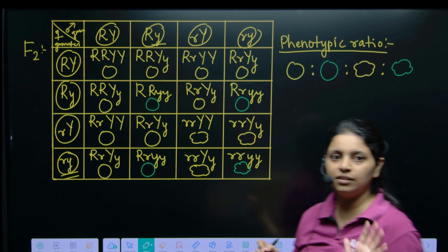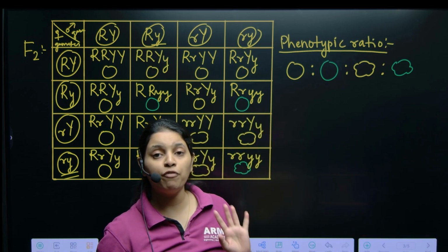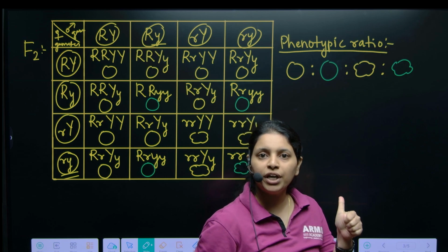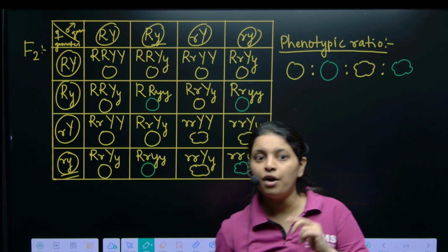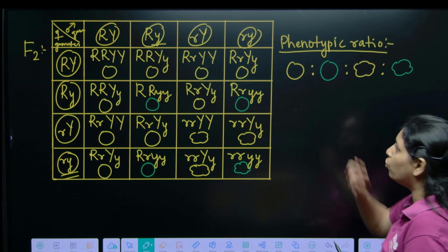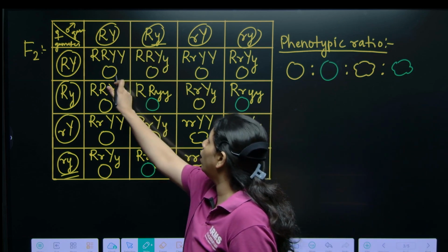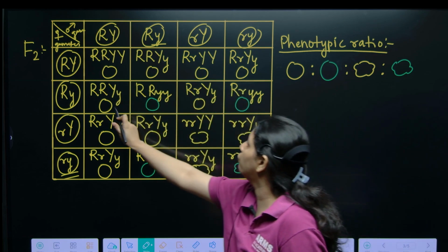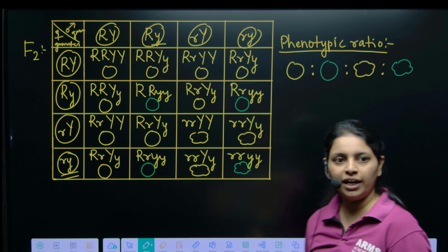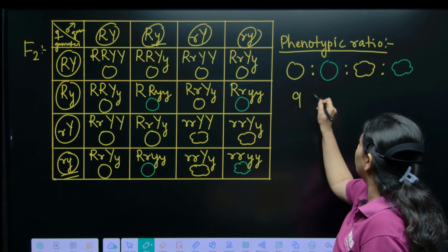So this is the combination, right? So we have four different phenotypes in F2 generation. Round yellow, round green, wrinkled yellow and wrinkled green. Let's count how many round yellows are present. Okay, so we have 1, 2, 3, 4, 5, 6, 7, 8 and 9. Right? So we get 9 round yellows.